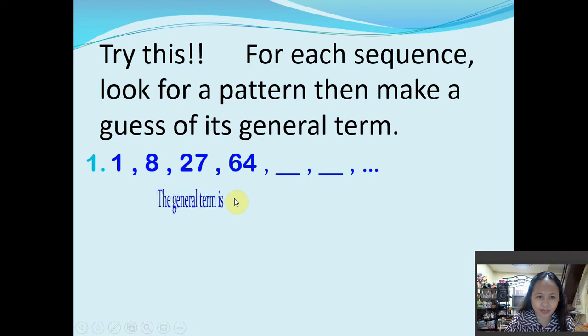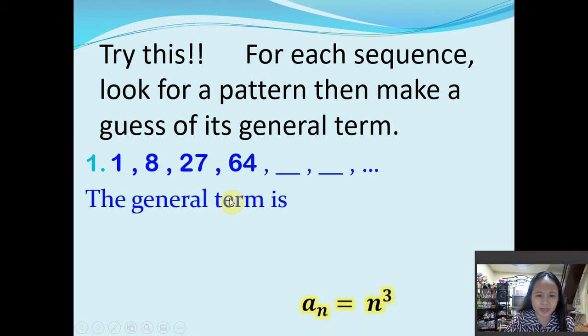So the general rule of our sequence is: nth term is equal to n cubed. Why is it n cubed? Let's go over our sequence. Our first term is 1. If we raise this to the power of 3, that's 1 cubed, that's 1.